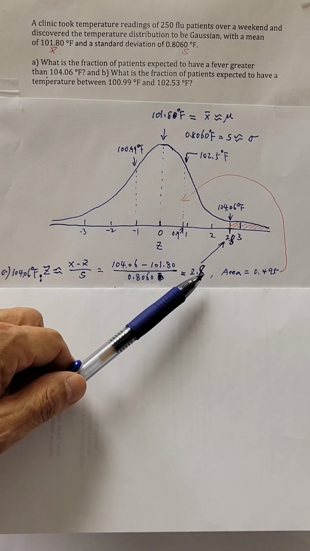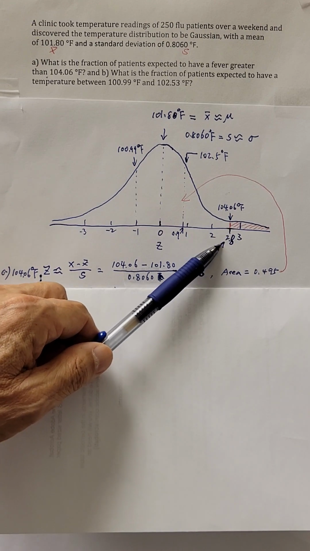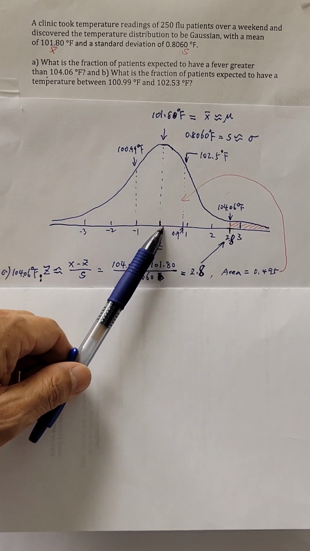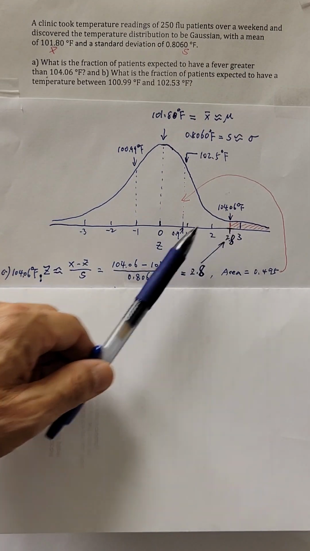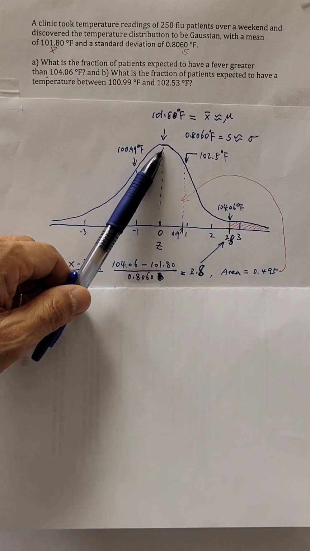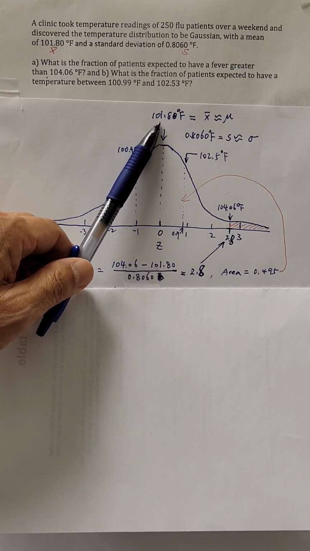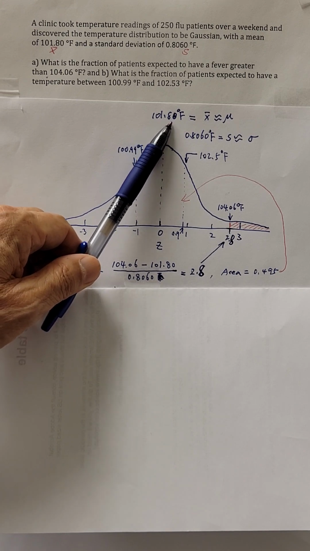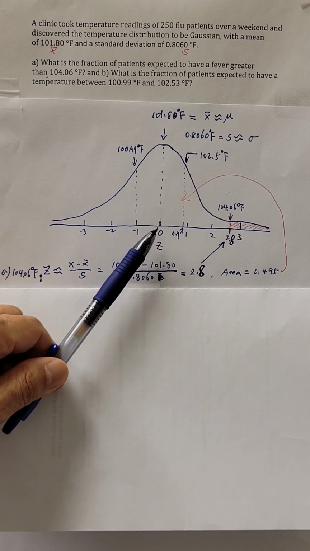So the Z value of 2.8, you see, is right here on the Gaussian distribution curve. The x-axis is Z, and Z equals 0 means that position is equivalent to the mean value. The mean value, the temperature, is 101.8 degrees Fahrenheit.